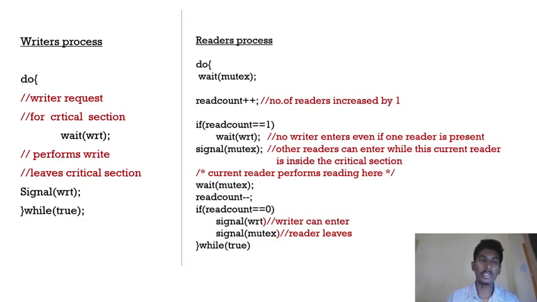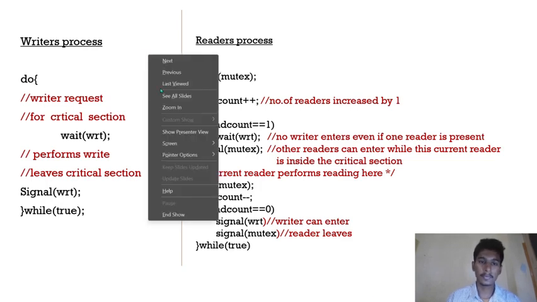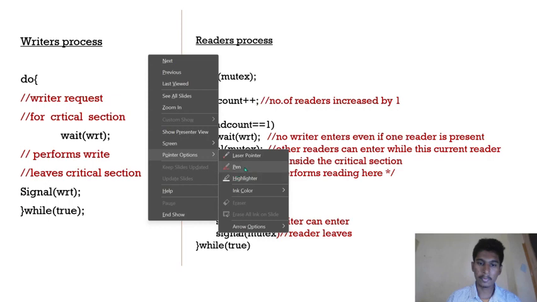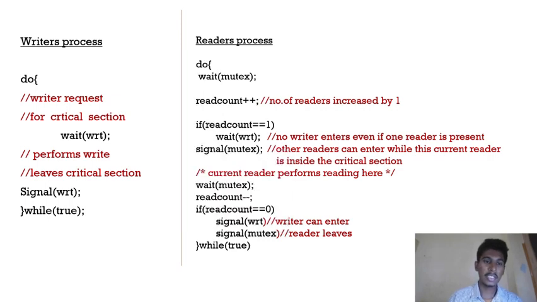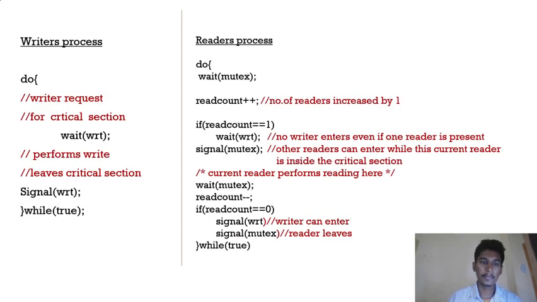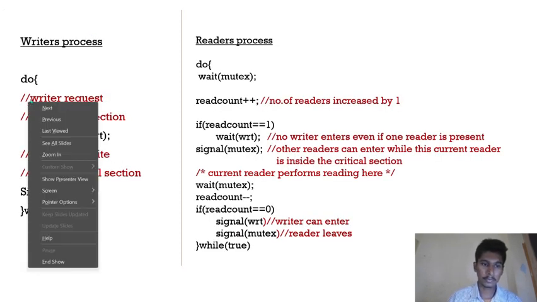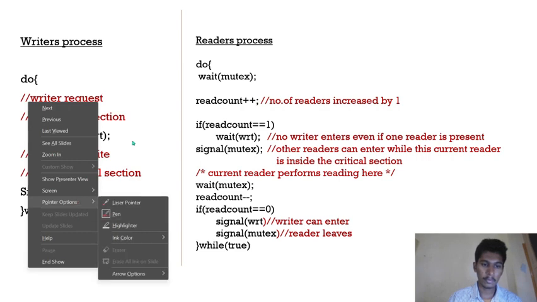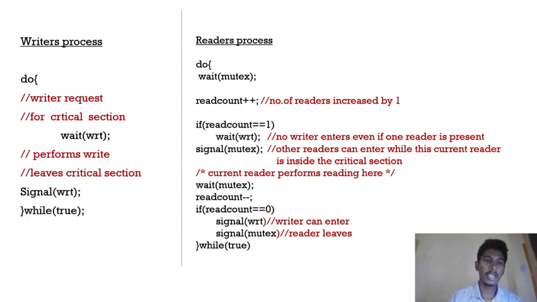So how to do this? Let us take this example, the writer process. As we can see here, mutex and write semaphores are initialized to 1 first. Suppose the write process is started first.